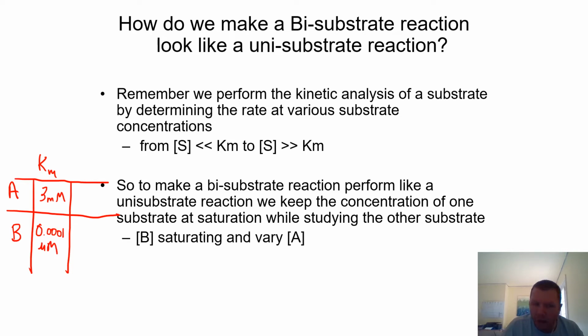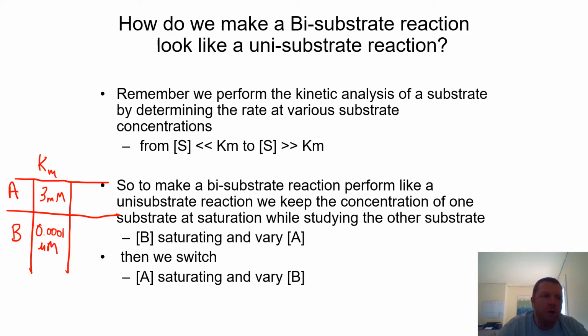That's still relevant. You still have to know what that concentration is to get you to half of Vmax, but that's something worth noting. So if we're studying substrate A, we're going to have substrate B at saturating concentrations. Then you do the opposite: you saturate with substrate A and vary the concentration of substrate B.